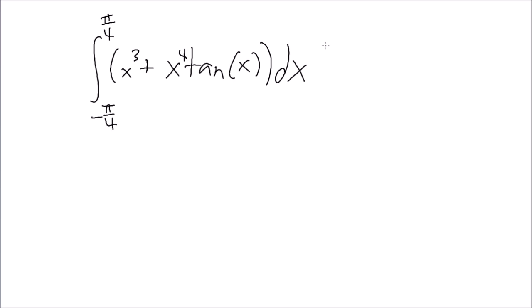If you do not remember from the first part, our previous video, symmetry. So this is symmetry. I notice it's very sus to see that we have a negative pi over 4. Is there an odd function here?